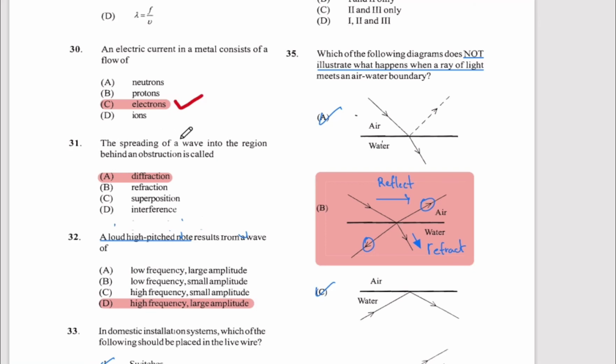The spreading of a wave into the region behind an obstruction is called, and it's called diffraction.